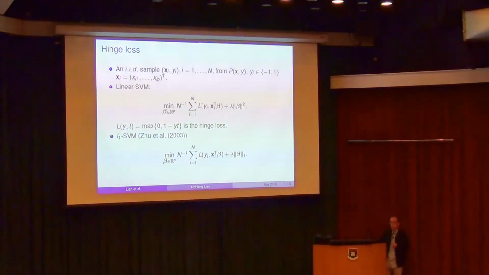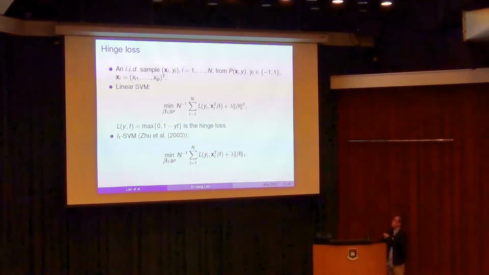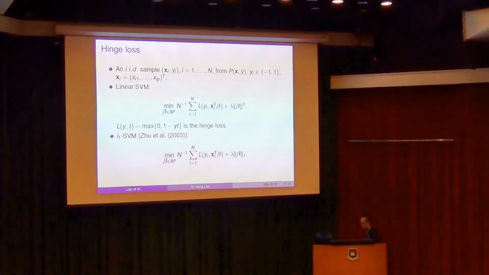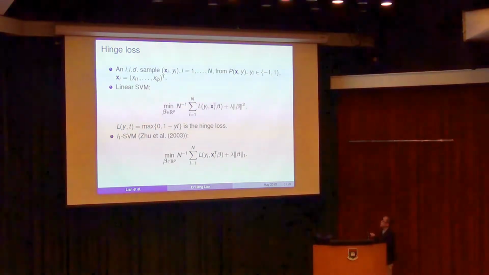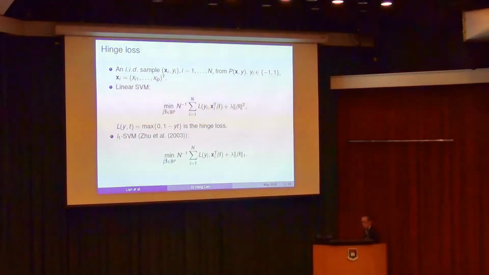But suppose in the high dimensional case, we also want to do variable selection. A very popular method is called lasso, just by changing this square norm to a one norm. The one norm is just the sum of the absolute values of the components of beta. Once you change from the square norm to this L1 norm, it can automatically shrink different components of beta to 0.